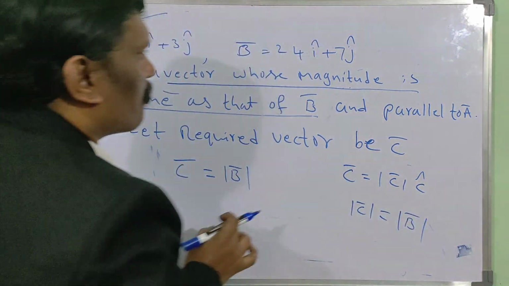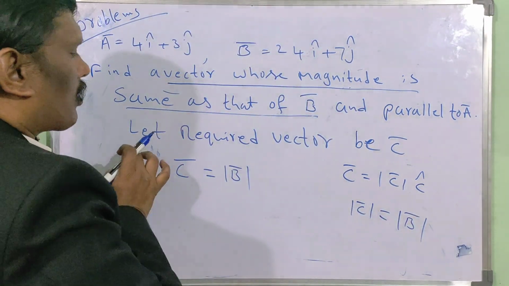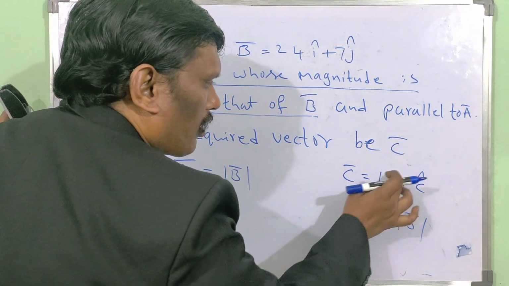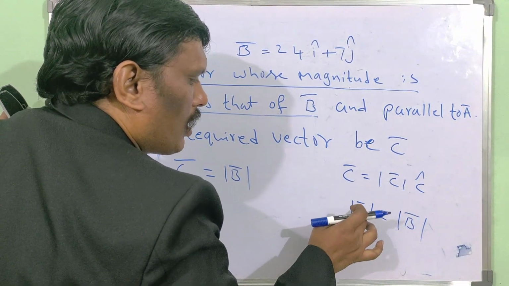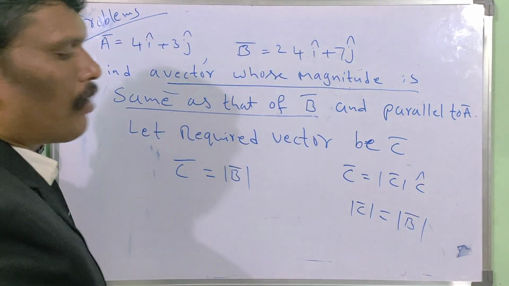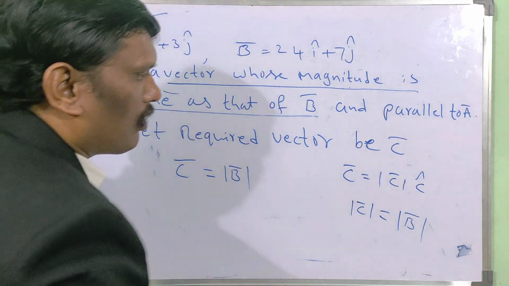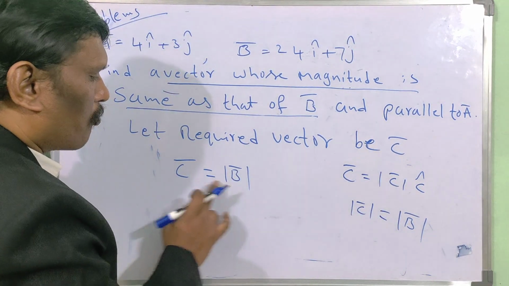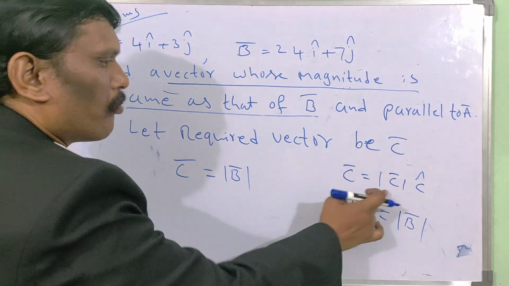But according to the problem, the magnitude of the required vector, mod C bar, is same as that of vector B bar. That's why these two magnitudes are equal, and in place of mod C bar, I wrote mod B bar.